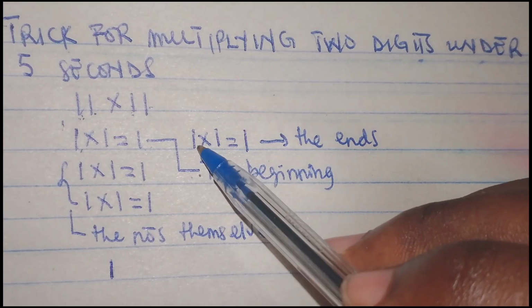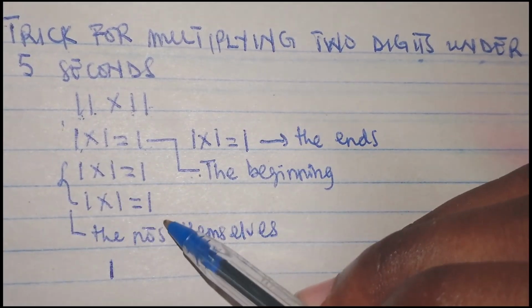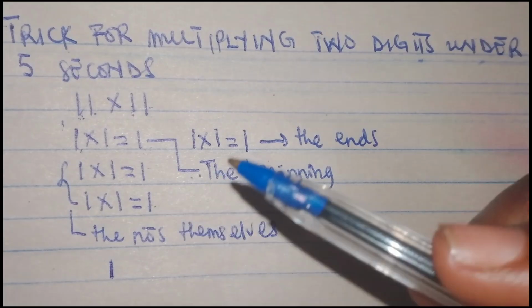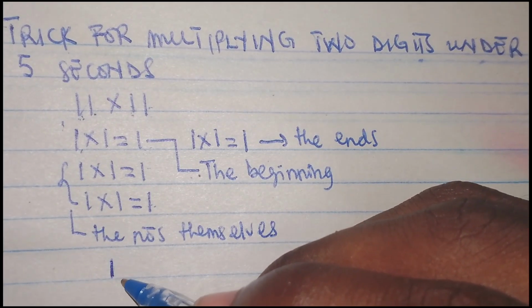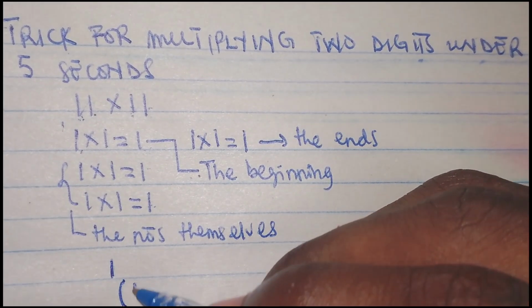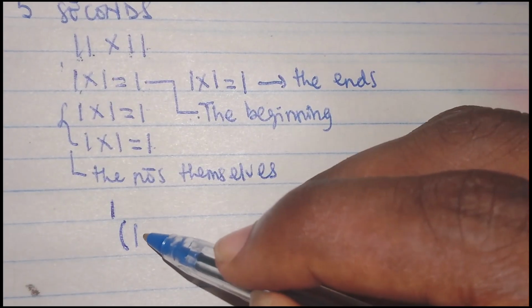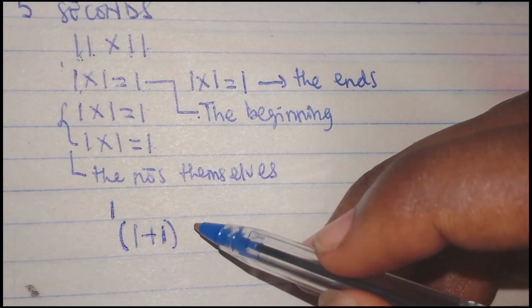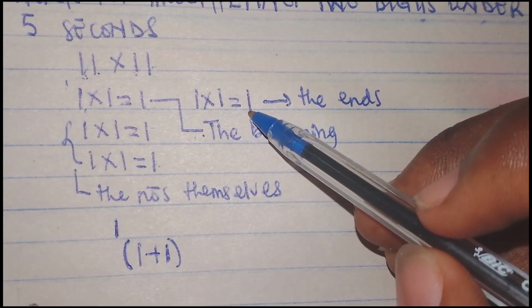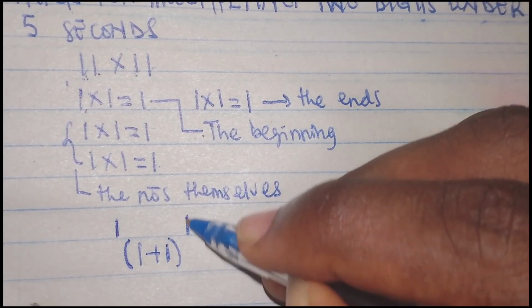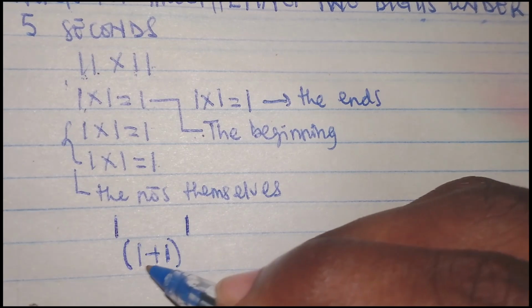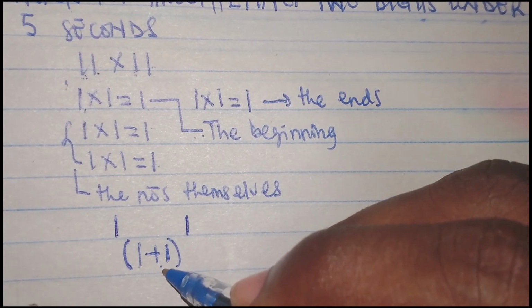Then you are going to add the products of these numbers. So you write it in this order, into brackets, 1 plus 1, close brackets. Okay, then you write the ends here. So 1 plus 1 is 2.